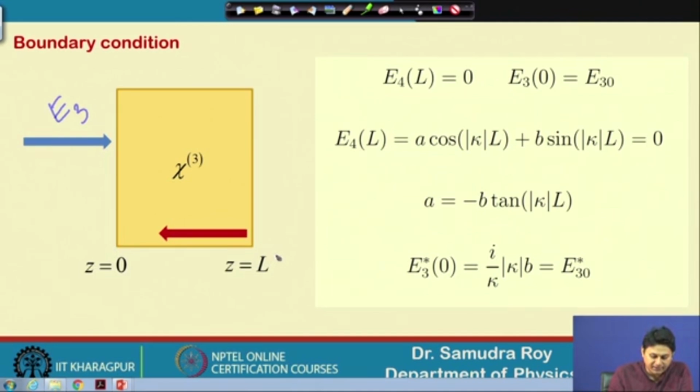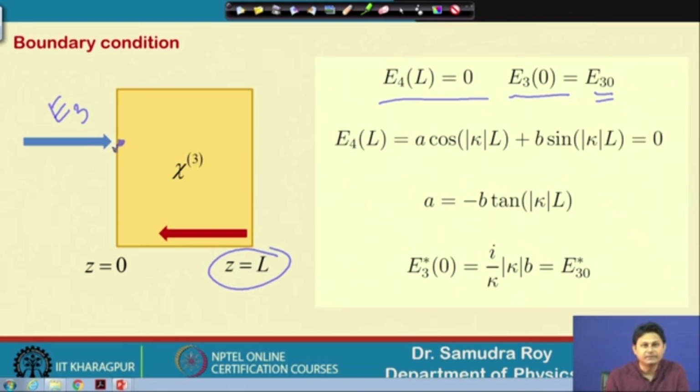So, that means at z equal to L, eventually we should not have any E4. If I put this boundary condition, and also write that E3 at z equal to 0 is some value E3 0, because here we have some E3, then we will have E4 at L equal to 0.